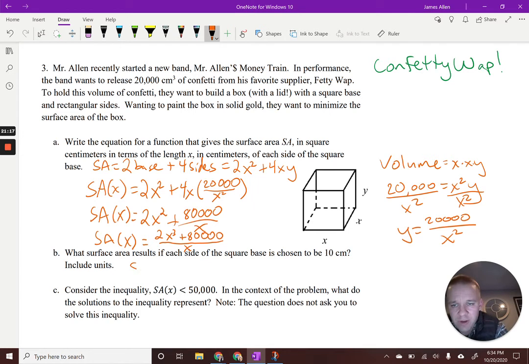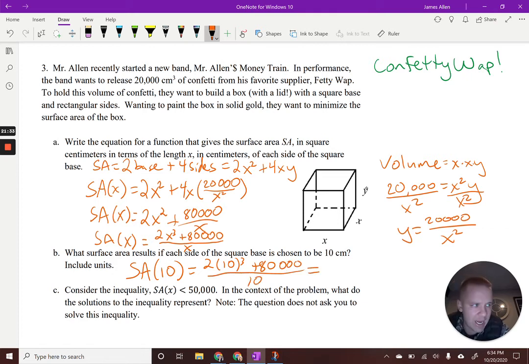Let's just substitute 10 in. So if I substitute 10 into this function and throw it in my calculator, I get 8,200. That's 2 zeros there.